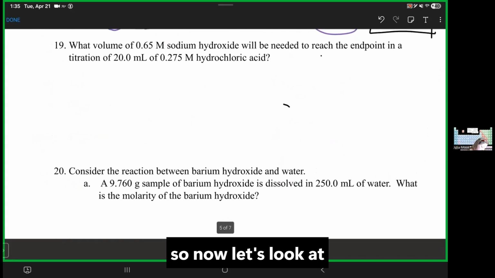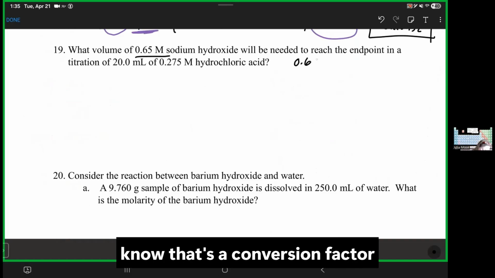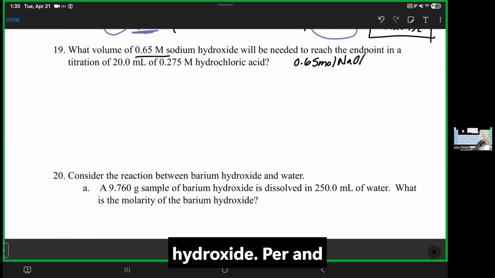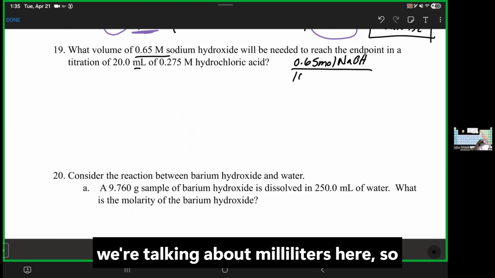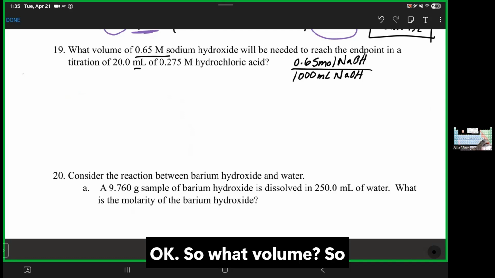Okay, so now let's look at this next one. So what volume of this, so we know that's a conversion factor, 0.65 moles of my sodium hydroxide per, and we're talking about milliliters here, so 1,000 milliliters. Okay, so what volume?